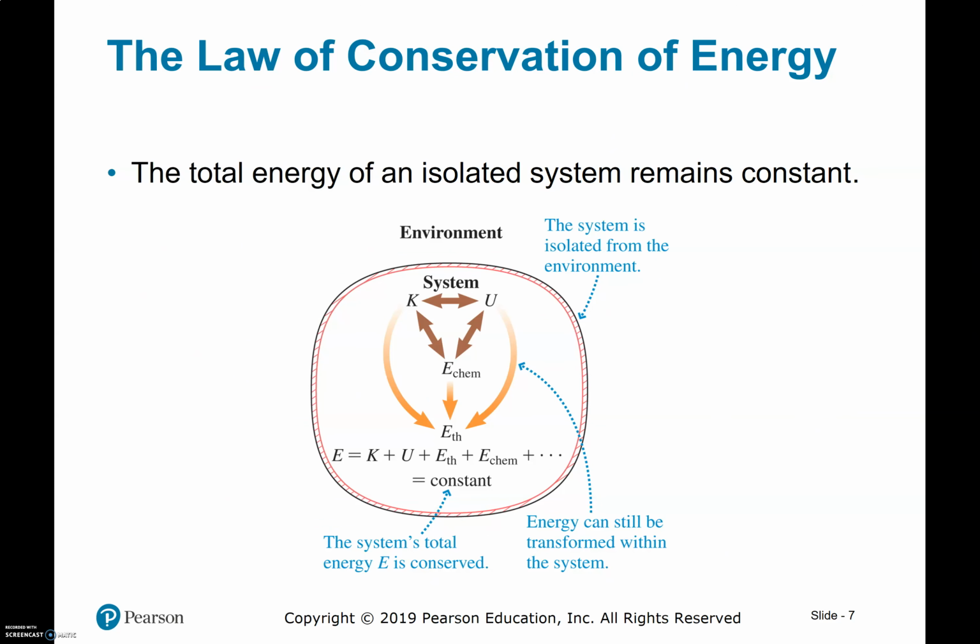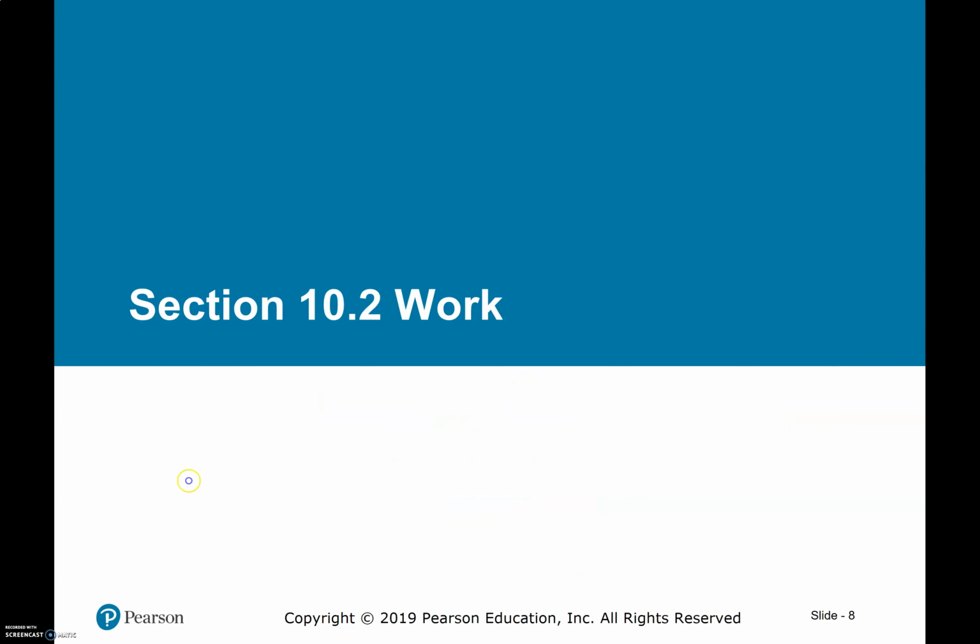So that's what the law of conservation of energy says. If the work is zero, then the energy doesn't change. So that means the initial energy is equal to the final energy. Whatever we have at the beginning is equal to whatever we have at the end.